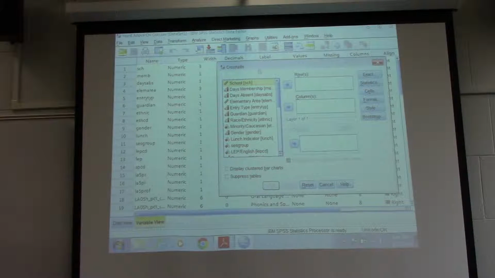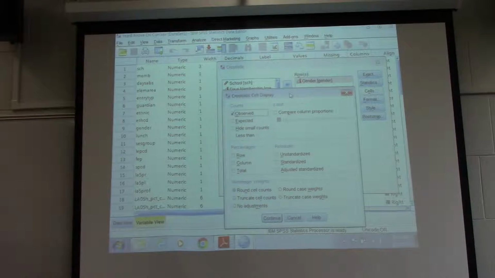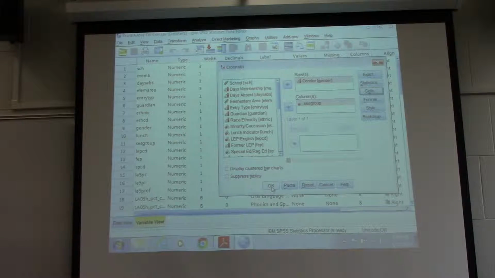Under Crosstabs, let's make the row gender, and let's make the column SES group. Then go over to Cells to the right of those two boxes and find percentages, click on row and column, and do continue and then OK.